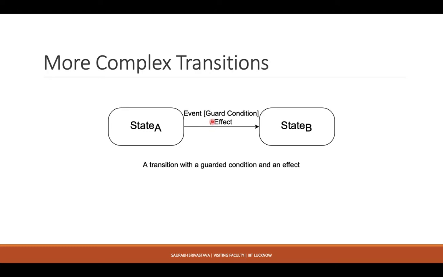By the way, this does not have to be on another line, it could be in continuation. It's just that I've shown it differently so that you can mark that this is a different part of this information. Essentially there are three parts here: the event, the guard condition, and the effect. These three things are distinct in nature.